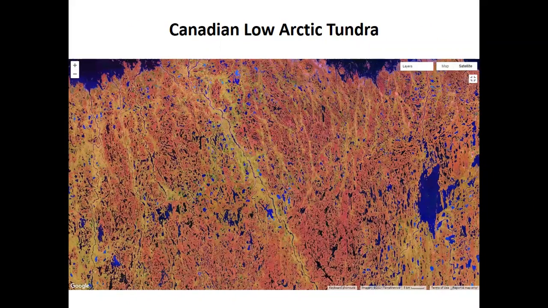That's finally the Canadian so-called low Arctic tundra. Also on the coast of the Arctic Ocean, and also you could see many small lakes, and this kind of reddish and brown colors. This is an effect created by sparse vegetation.